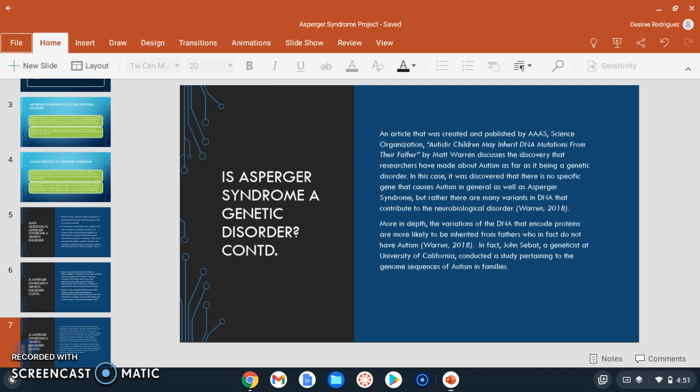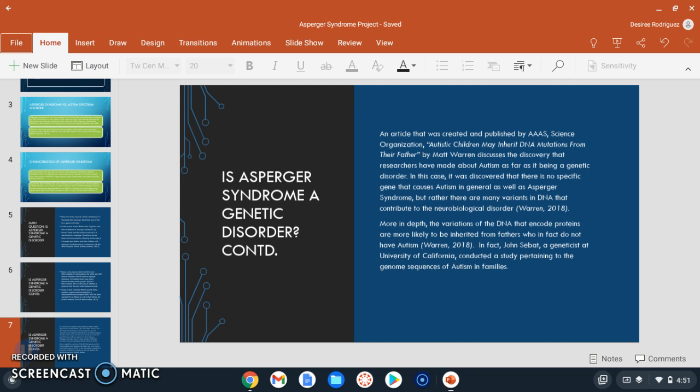Rather, there are multiple variants of DNA that contribute to the disorder. The variants in the DNA that encode the proteins are more likely to be inherited from fathers who may not even have autism or Asperger's syndrome.